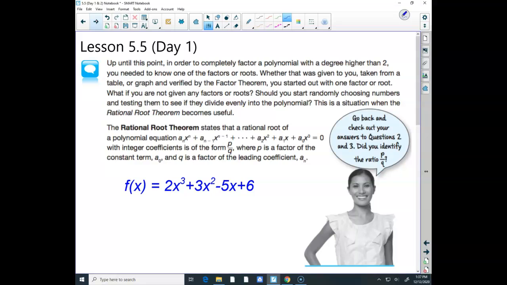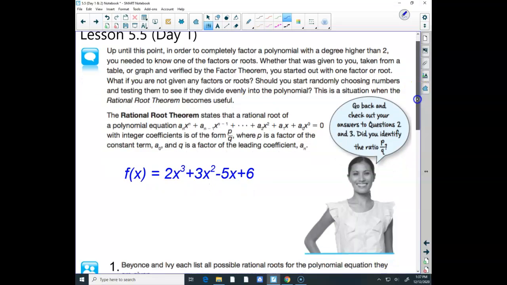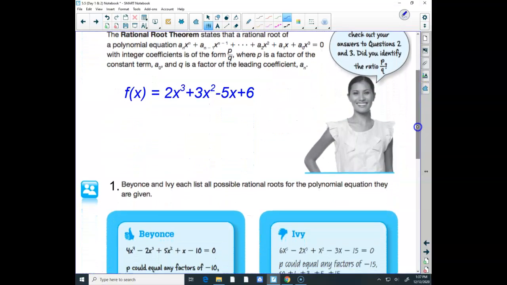Kind of like what I have right here. F of x equals 2x cubed plus 3x squared minus 5x plus 6. What happens if I can't do that? Because if you look right away, if I try to factor by grouping, well, yeah, I can take an x squared out of the first one, and that leaves me a 2x plus 3.